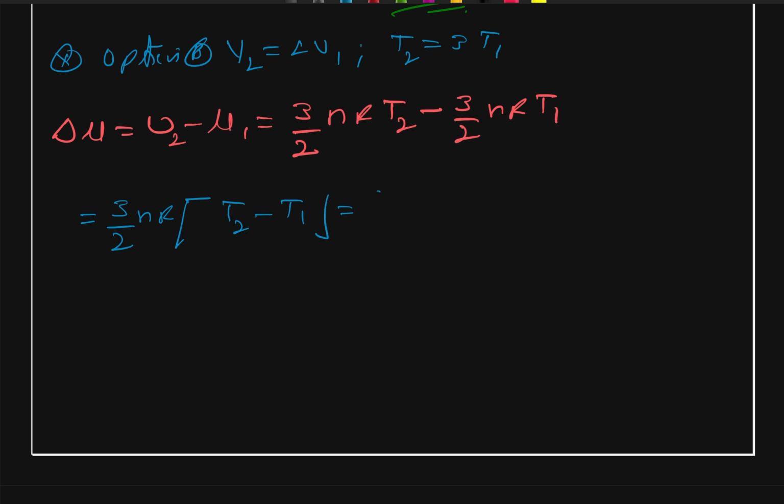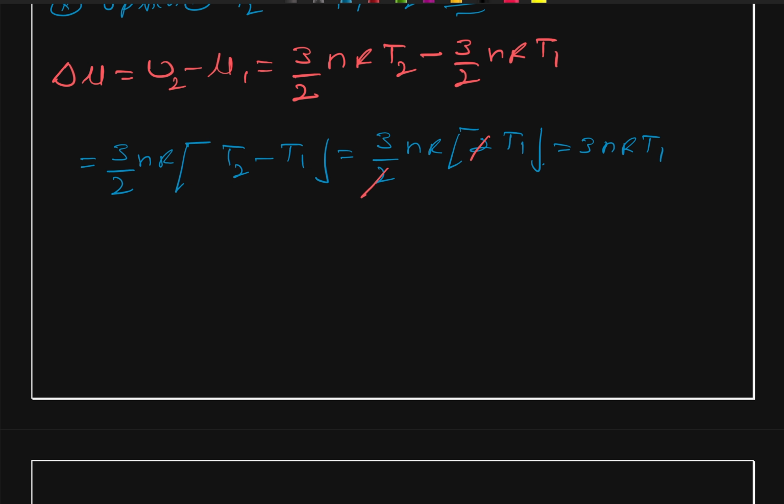T2 is given as 3 times T1, so this comes as twice T1, and this 2 and 2 cancel out, so this comes as 3 nR T1, and we know already that P1 V1 is equal to nR T1.